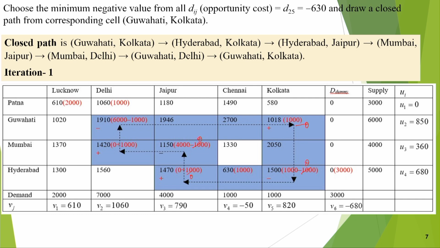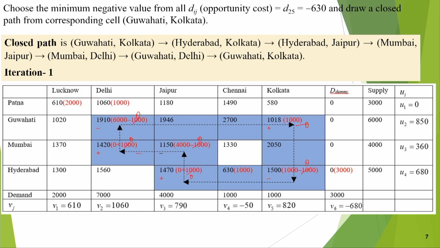So here you go again horizontally towards the left up to a filled cell. There some 0 was allocated, so you say 0 plus theta, and then you go here, take this 6000 and say minus theta, and then you go horizontally again and you come to the same spot, there is theta. So the closed circuit has been made.